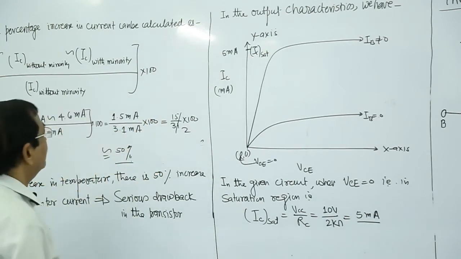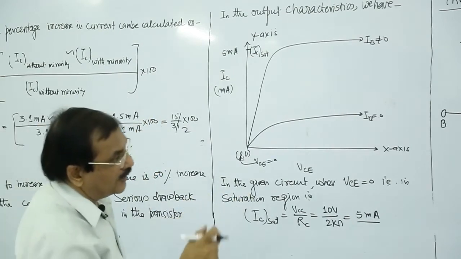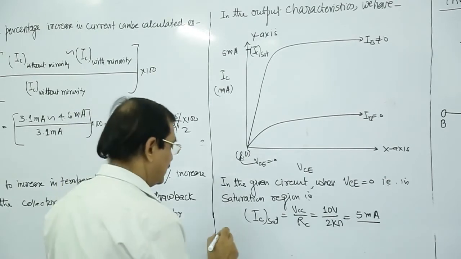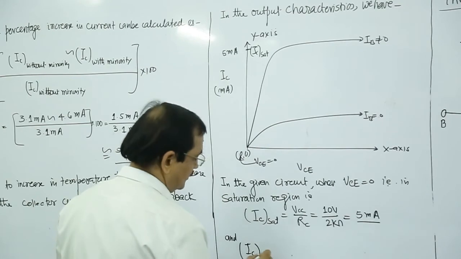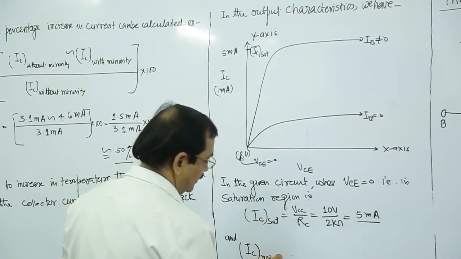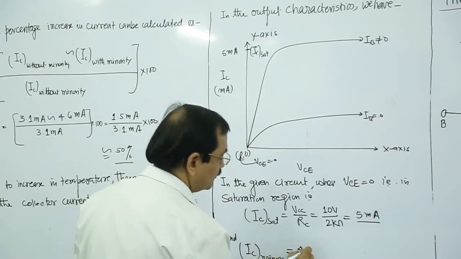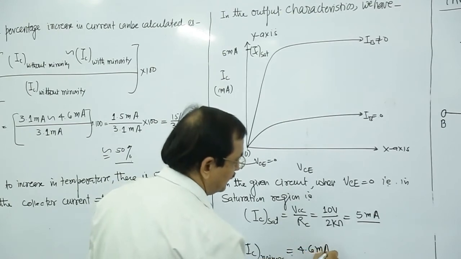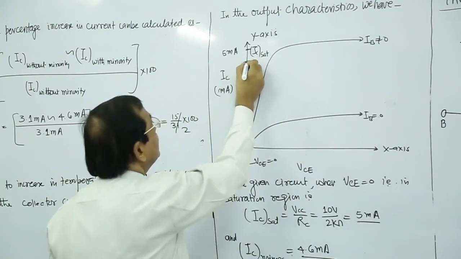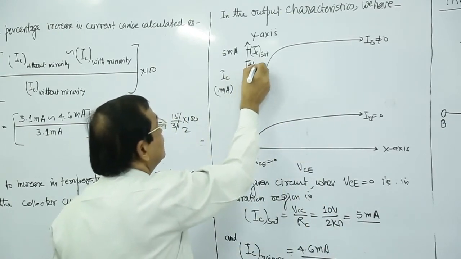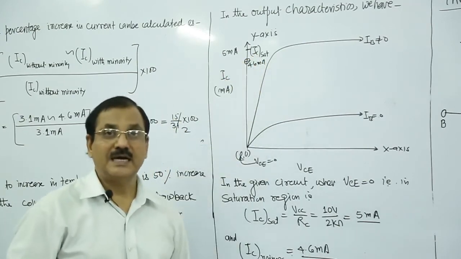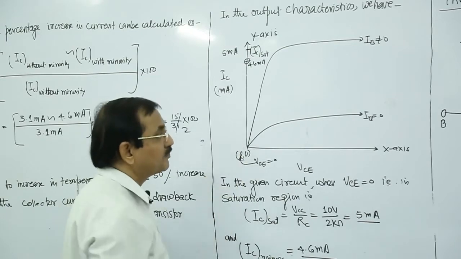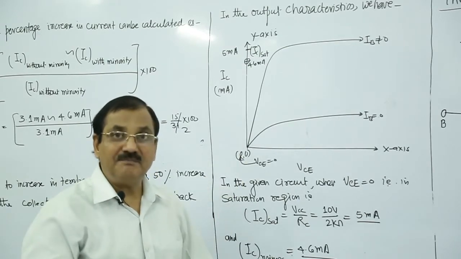And here we have the value IC with minority, which is 4.6 milliampere. That is 4.6 milliampere here, IC at this value.